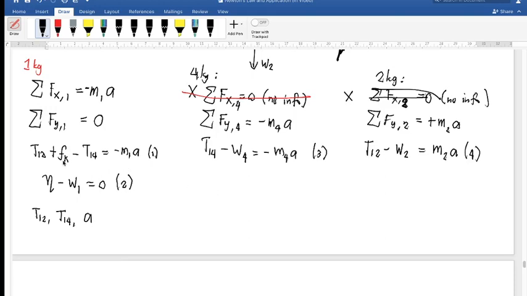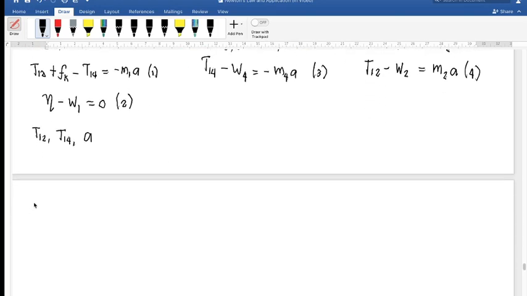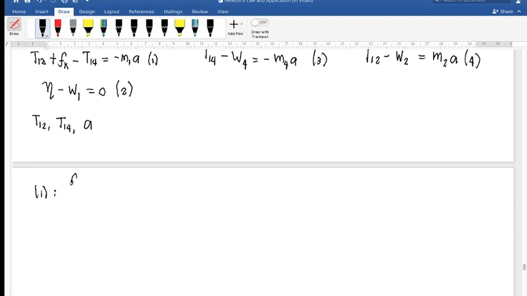So your Fk is equal to mu k N. So from equation 1, your Fk is actually equal to mu k times N. Okay? And remember, from equation 2, we can find out that your normal force is actually equal to the weight of the object.